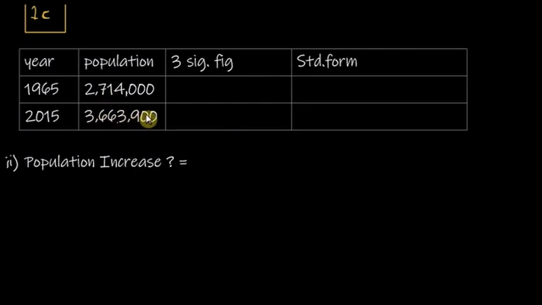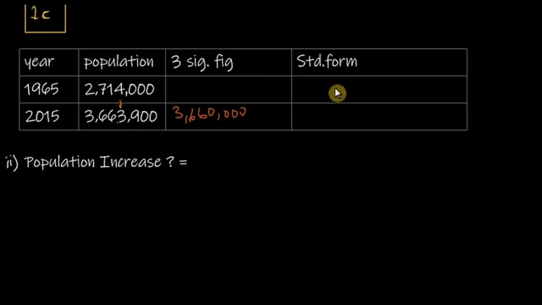So I look at the 2015 population and I see 1, 2, 3, 4, 5 significant figures. I only need 3. So I'm going to go to the 4th digit. It is less than 5. So I'll change that to a 0 and write as 3, 6, 6, 0 and 3 zeros. So that is really 3.66 million to 3 significant figures.